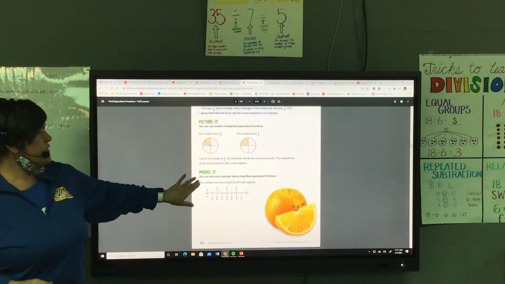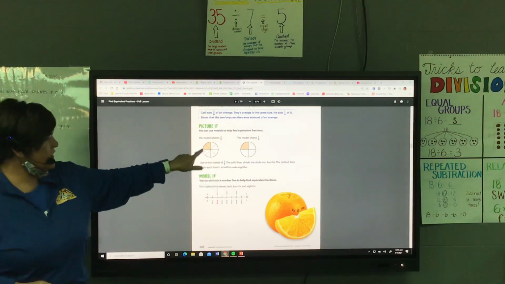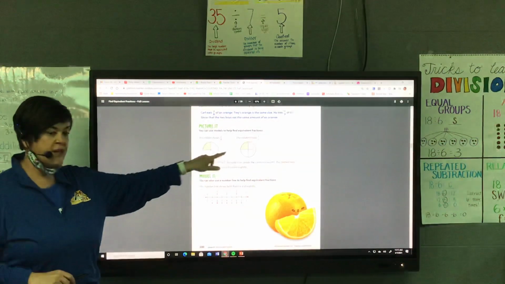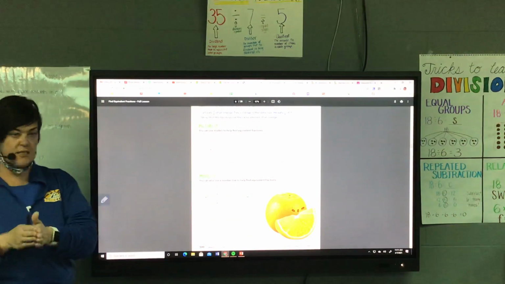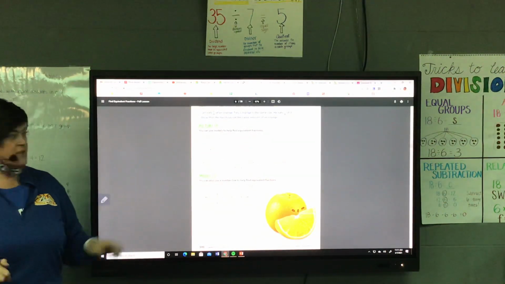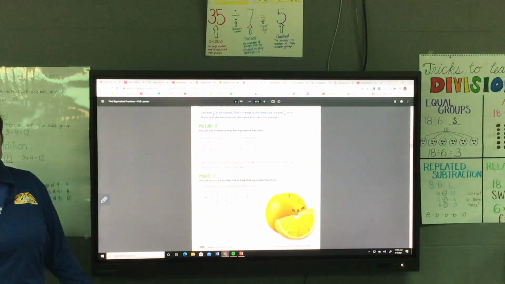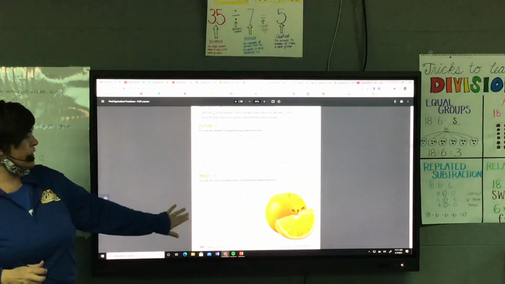Look at the model of 2/8. The solid lines divide the circle into fourths, just like they did over here, those solid lines. But then do you see those dashed or those broken lines? They show us how they split it then into the 8 equal parts. Okay.